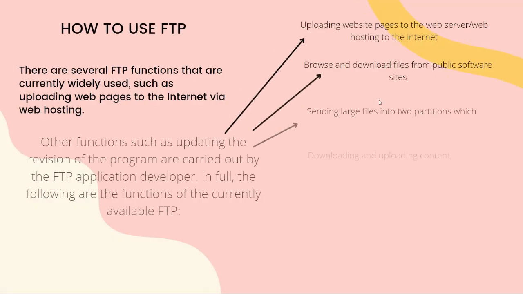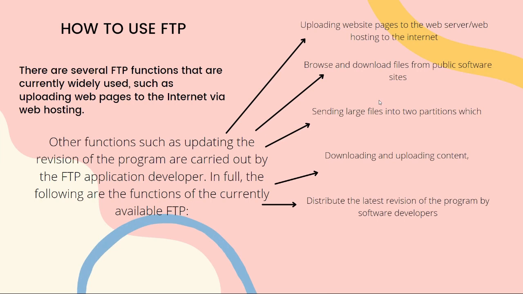Okay, how to use FTP? There are several FTP functions that are currently widely used, such as uploading a web page to the internet via web hosting. Other functions, such as updating the revision of the program, are carried out by the FTP application developer. In full, the following are the functions of the currently available FTP. Firstly, uploading a website page to the web server, web hosting, to the internet.